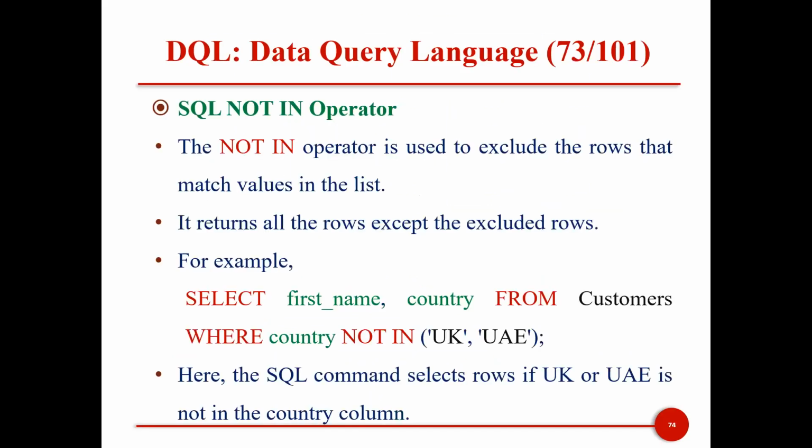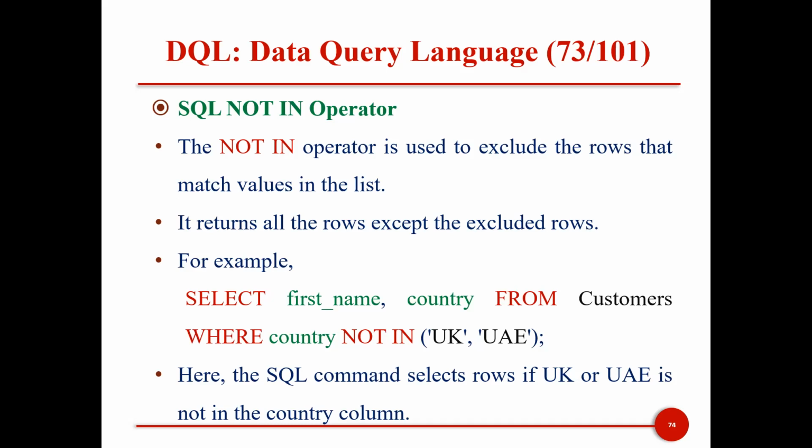Then we have NOT IN. NOT IN is just the opposite of the IN that we have just explained. NOT IN means that the countries that you're going to specify in the brackets are the ones you don't want those customers to belong to. For example, the NOT IN operator is used to exclude the rows that match values in the list.